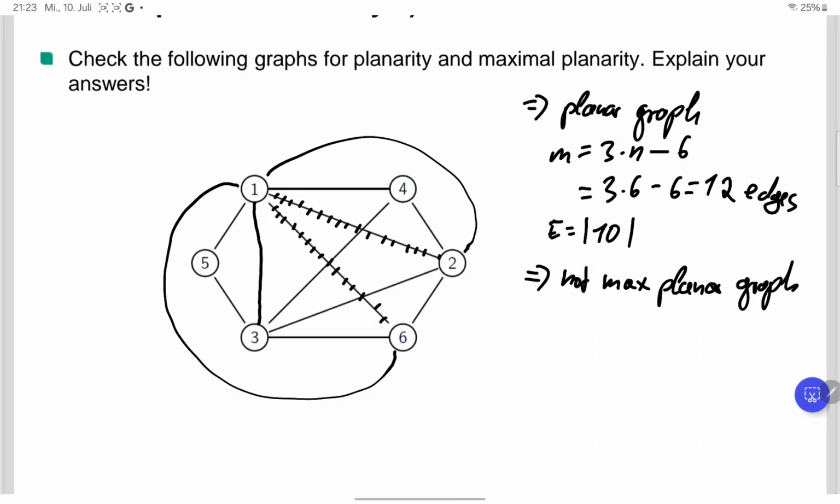Okay, if it were a maximal planar graph, then you wouldn't be able to add an edge without crossing the others. Okay, but here you could. And this is also shown by this simple calculation of the number of edges that is not fulfilled here. So this is not a maximal graph. Okay.